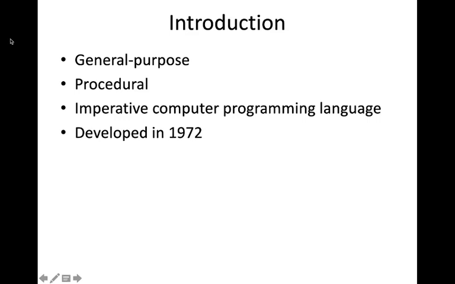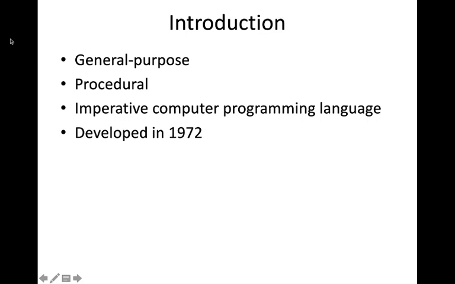So it was developed in 1972. If you go into the history of the C programming language, C was earlier developed for the Unix operating system. Earlier there was the Unix operating system, and it was developed in assembly programming language for the PDP 7 machine.